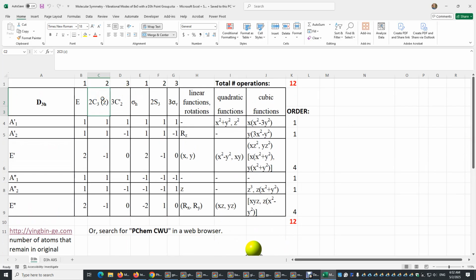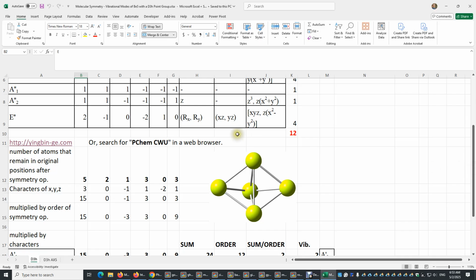What about 360? Well, that's just the identity operation. And then 3 C2 prime. We have 3 C2 prime symmetry operations, because we have 3 C2 axes perpendicular to the principal rotational axis. I'm going to show you one of the 3. It crosses this atom and the midpoint of these 2.